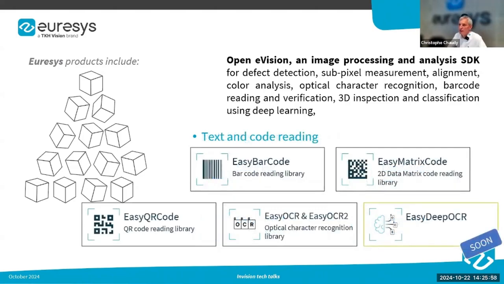Regarding the text and code reading, we can read the different symbologies, like barcodes, data matrices, or QR codes. And we also provide several OCR, so optical character recognition libraries. We will soon introduce a new deep OCR library, which is a more advanced way to read difficult text in pictures.